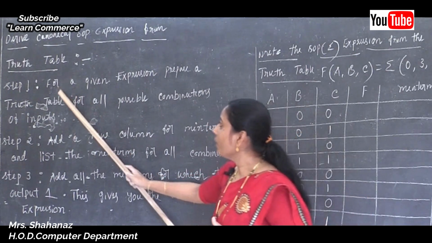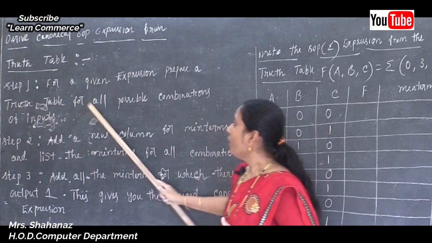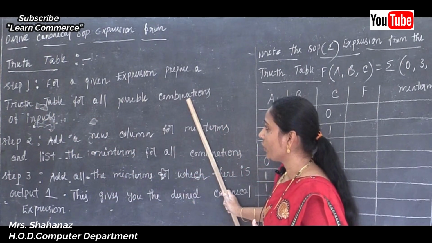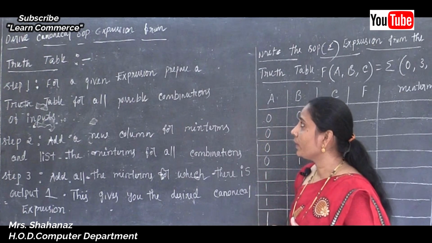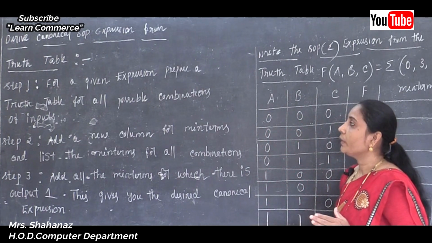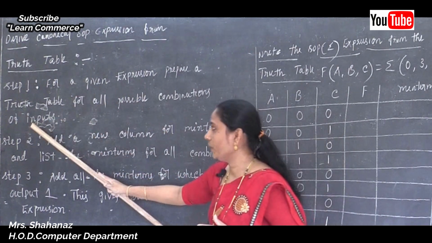Step 1: for a given expression, prepare the truth table for all possible combinations of inputs.